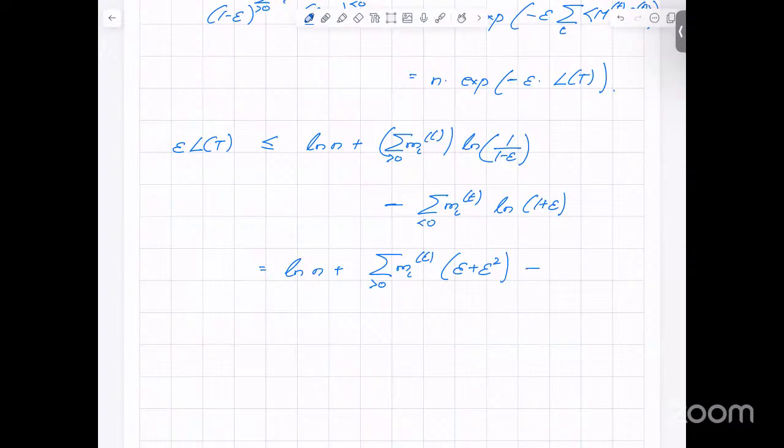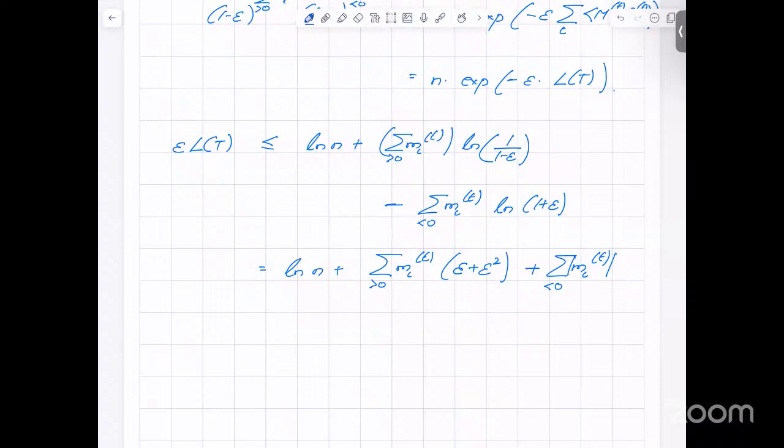Then there is a minus summation of m_i^t less than 0. Let me make it a plus and make it the absolute value of m_i^t. The m_i^t are all negative, therefore taking an absolute value so that all the quantities look positive.